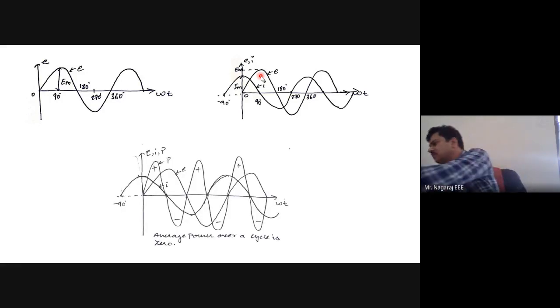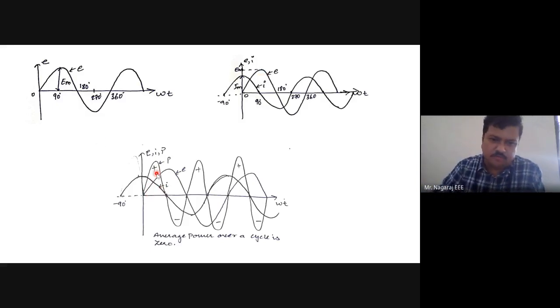Now when I observe the power waveform, voltage is positive, current is positive, power is positive. Voltage is positive, current is negative, power is negative. Voltage is negative, current is negative, power is positive. Again, you observe over a complete cycle, the average power is 0.